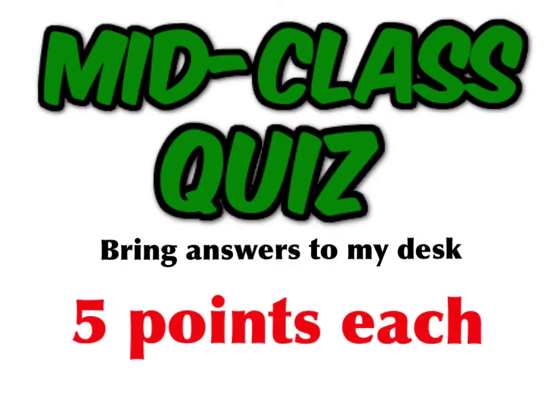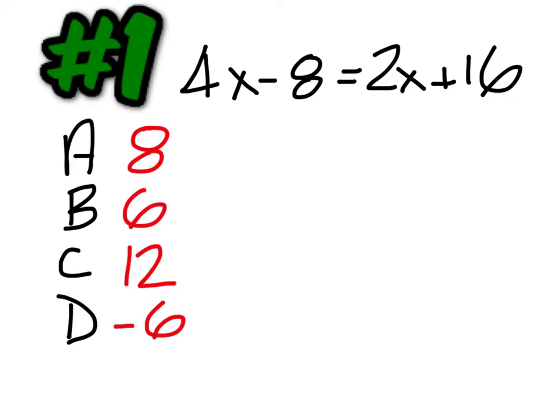Answer these out loud. What would be the solution to this problem? Quick way to do this is you have 4 minus 2. Think of it as 4 minus 2. That's 2, which is really 2x. And then this one, if you move it over and change the sign and add it, it's a 24.